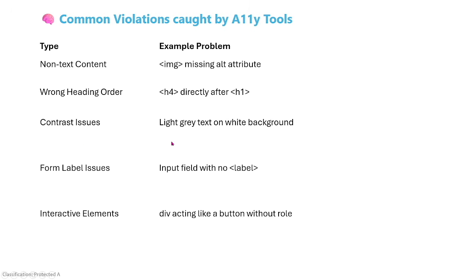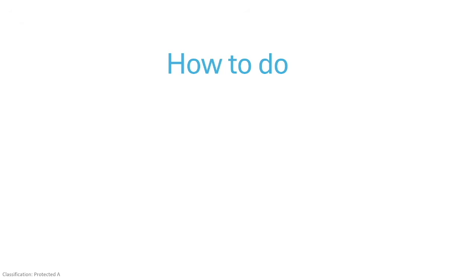Contrast issue, like light green text on a white background. Form label issue, an input field with no label. Interactive elements, a div acting like a button without a role.